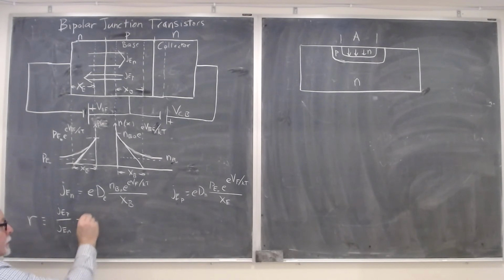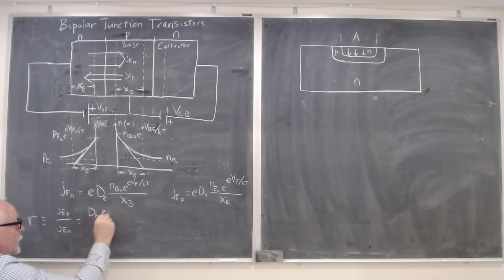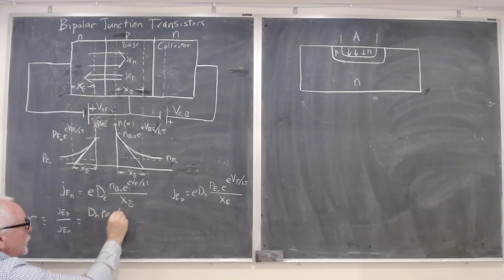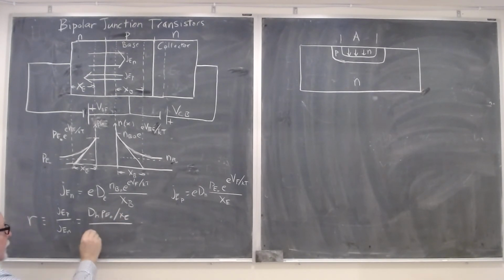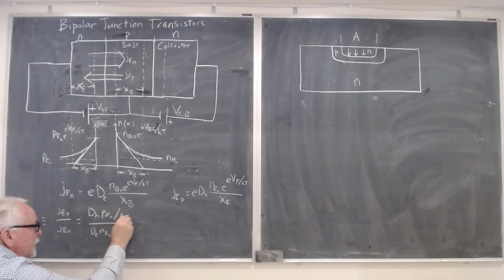So just starting to do it, D_H P_E0 over X_E over D_E and N_B0 over X sub B. And I'm trying to be neat here.